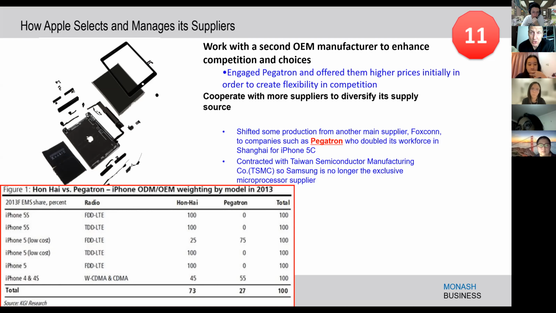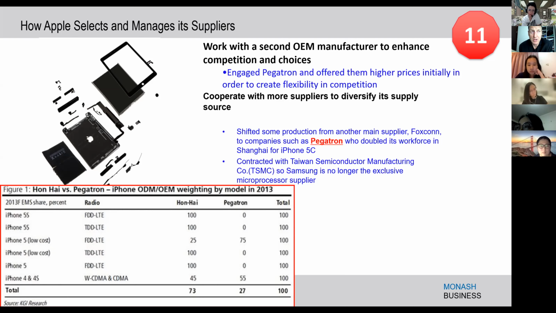They got Pegatron in Shanghai, their Taiwanese factory, EMS provider, which is basically a brother of Foxconn. Like Pegatron came from Asus, I think, and Foxconn came from another major brand out of Taiwan. Pegatron is basically Foxconn as an EMS provider.